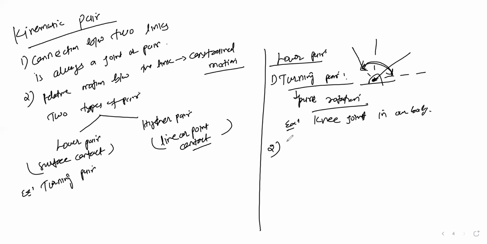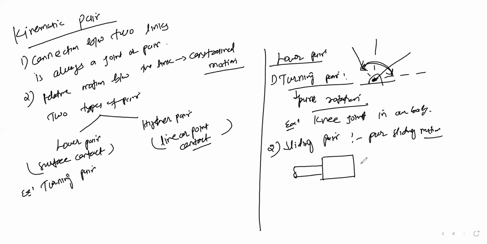The second one is the sliding pair. A sliding pair is a pure sliding motion. Say there is a hole and there is a shaft.